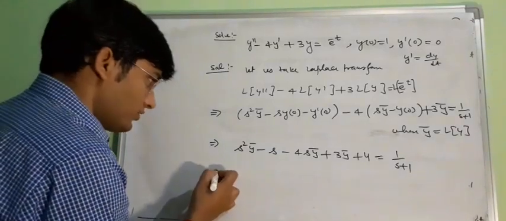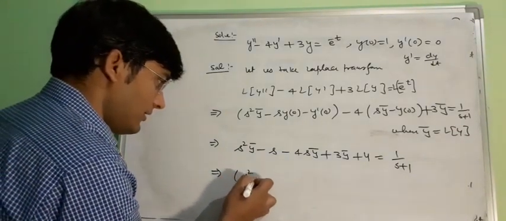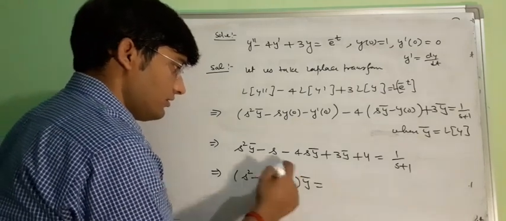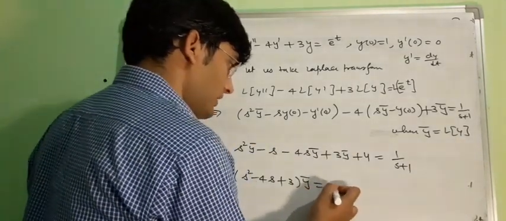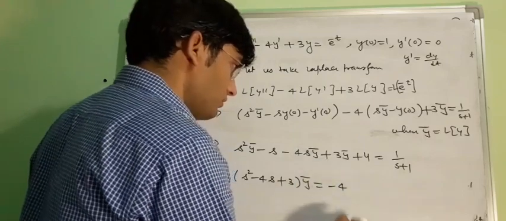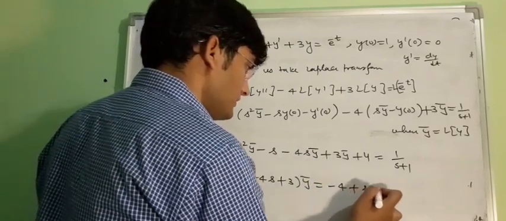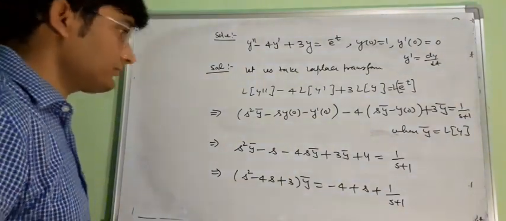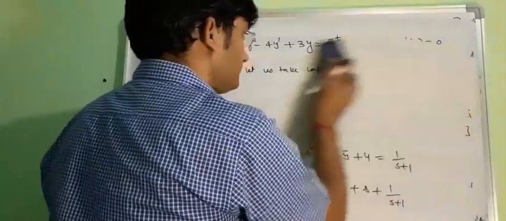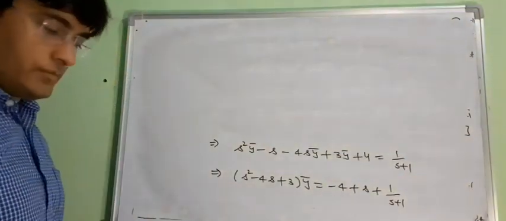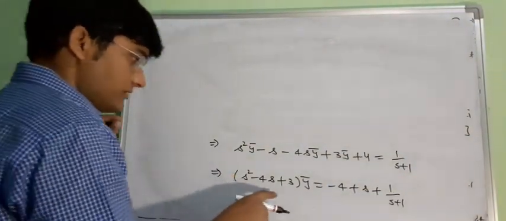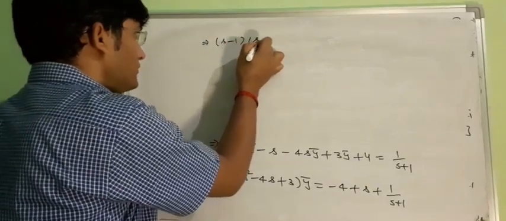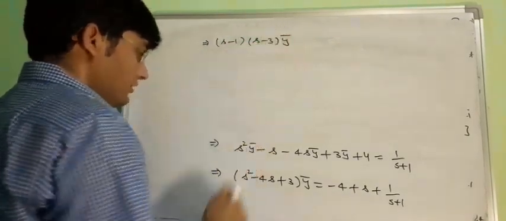Now we can take y bar common, so we will have s square minus 4s plus 3 times y bar. Now you can take this term to the right hand side. So in the right hand side we will have minus 4 plus s and then 1 upon s plus 1. Let us simplify the right hand side. In the left hand side, this is your s minus 1 into s minus 3 into y bar.